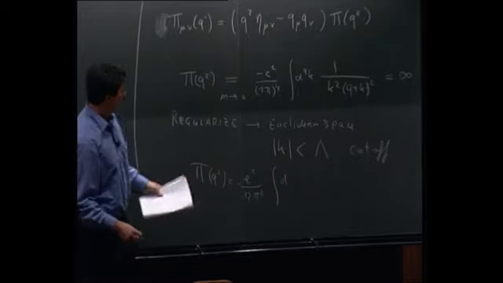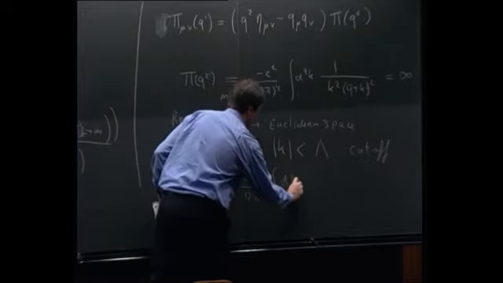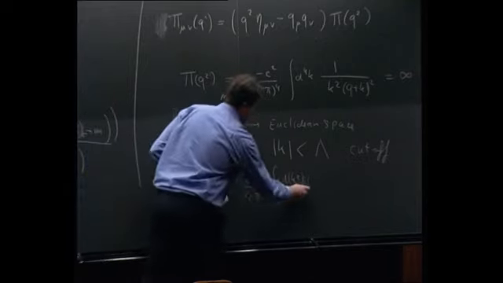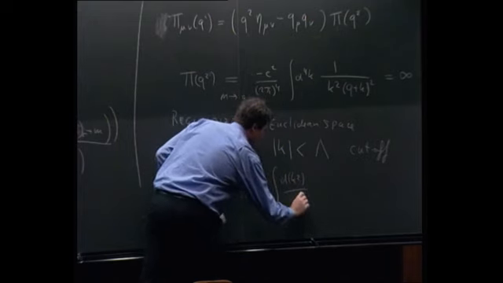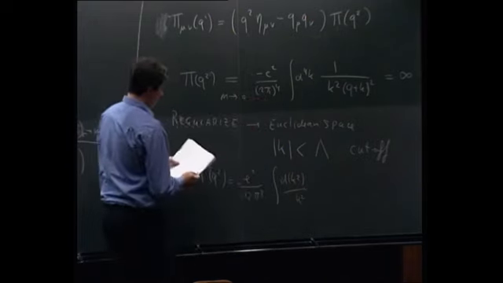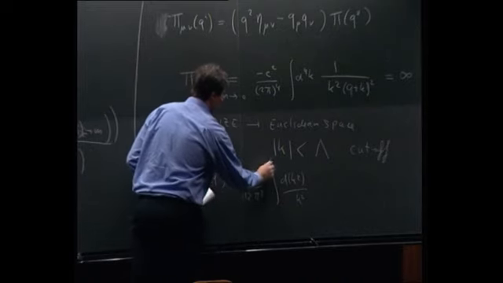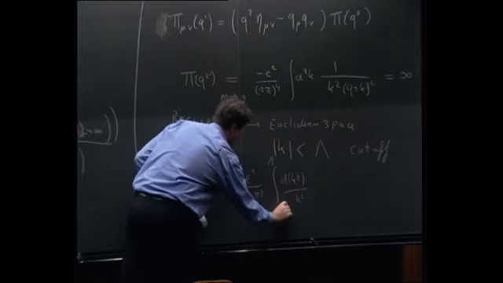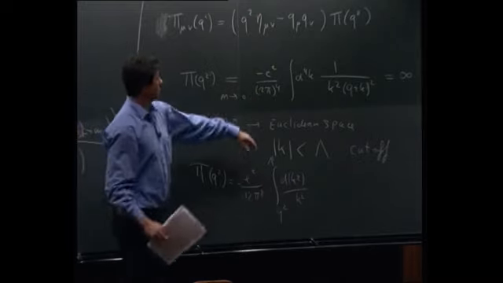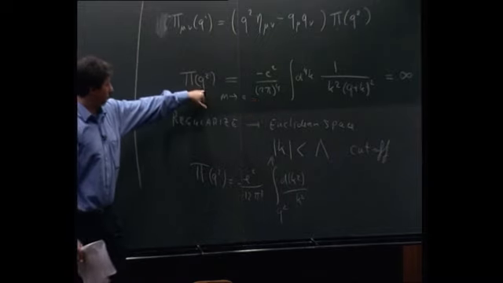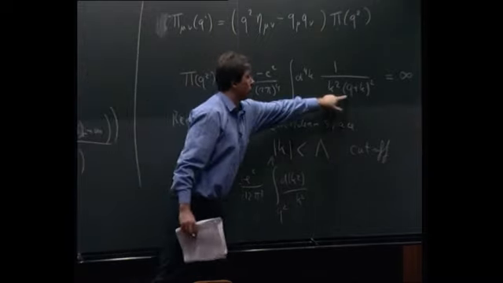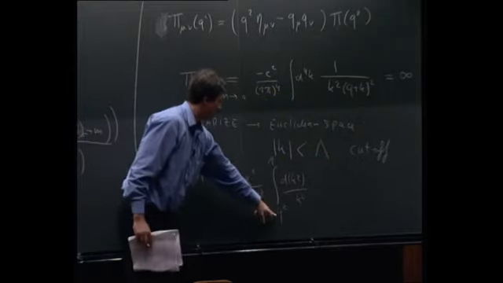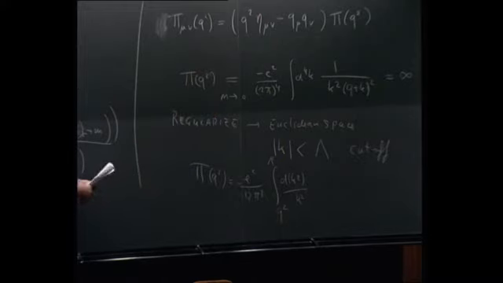Actually, I will take k squared to be my integration variable, and then in the expression, if you do the counting, it will go like 1 over k squared, and the integration region is from lambda squared, which is my cutoff, down to my value q squared, which was the variable which everything depends on. It entered in here in this denominator, but I can also put it here in my integration region.